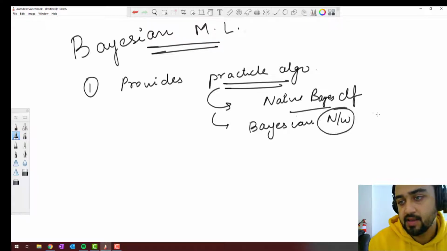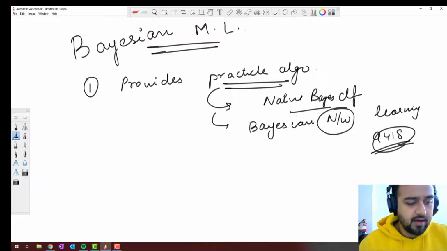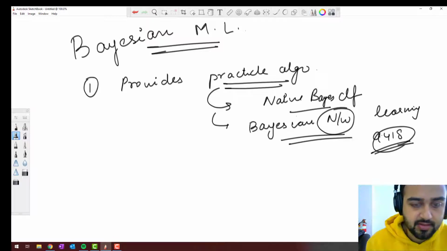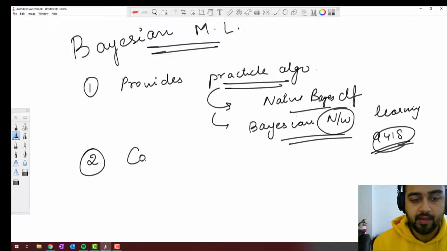This topic is exclusively taught in COMP9418 Advanced Machine Learning. If you want to learn more about it, you can obviously opt for this course. And the second thing that is provided by Bayesian machine learning is it provides a useful conceptual framework, right?